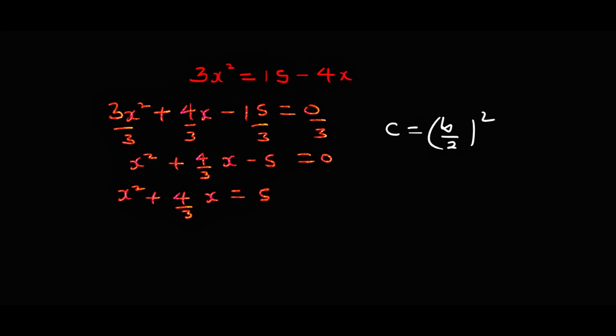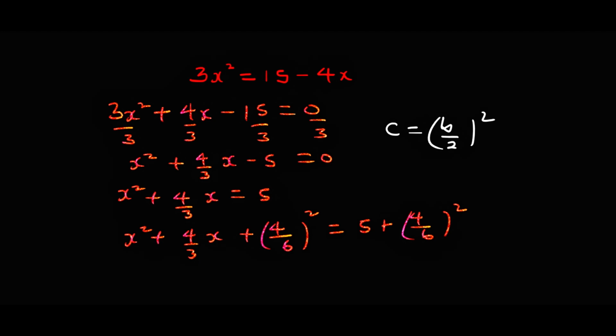So we're going to take the b that we have, that is 4 over 3, take its half and square it. So we're going to have x squared plus 4 over 3 x plus half of this, which will be 4 over 6 squared, and you do the same to the right hand side to keep the balance of the equation. So you add 4 over 6 squared.